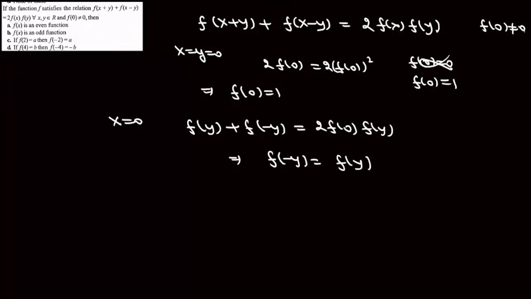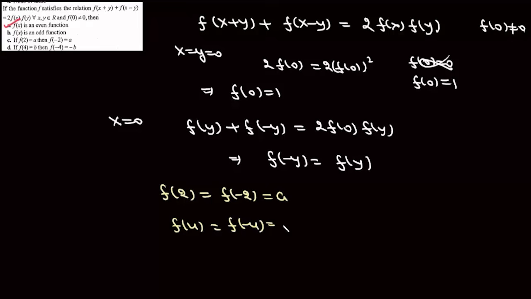That is, f(x) is an even function. So option A is correct. And if f is even, then f(2) equals f(minus 2). And if f(2) is a, f(minus 2) is also a. And f(4) will be equal to f(minus 4). And if f(4) is b, f(minus 4) will also be b. So the correct options are only A and C.